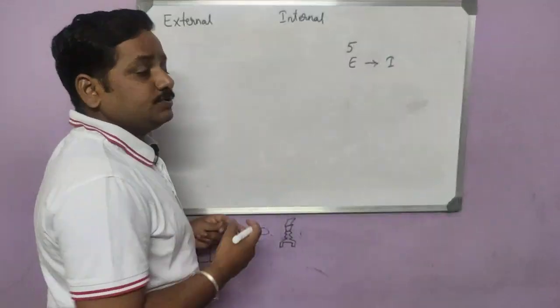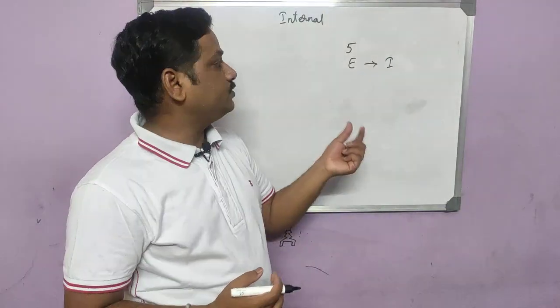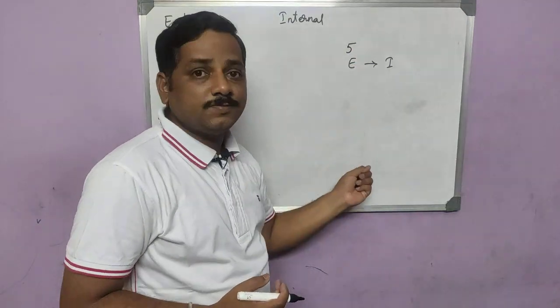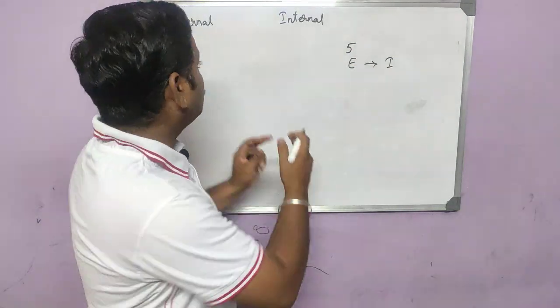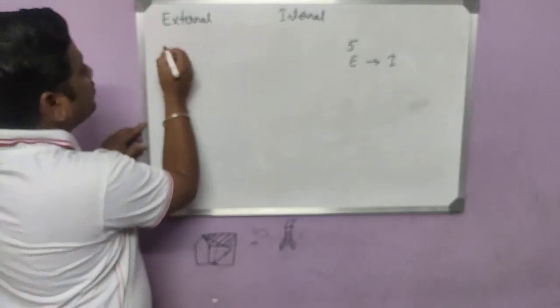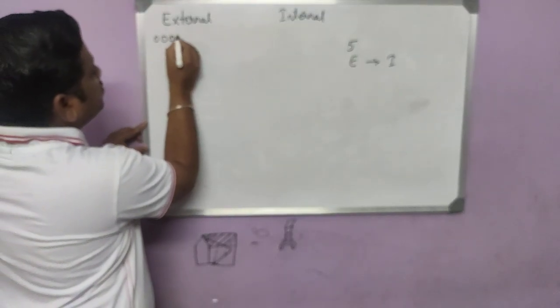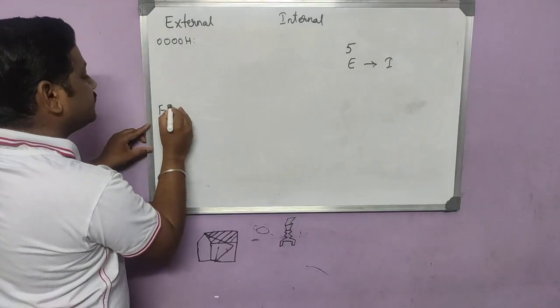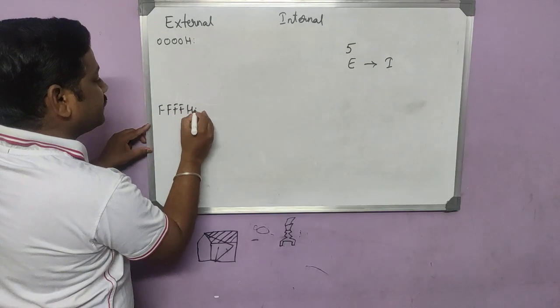To write that, you need to know the starting and ending address of external memory and internal memory. Here I am just giving an idea. External memory starts from 0000H, the starting address, and it ends at FFFFH.